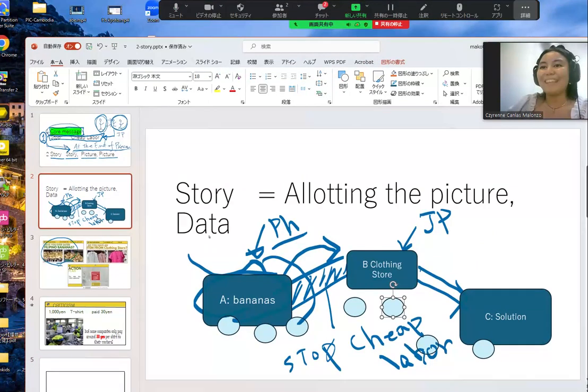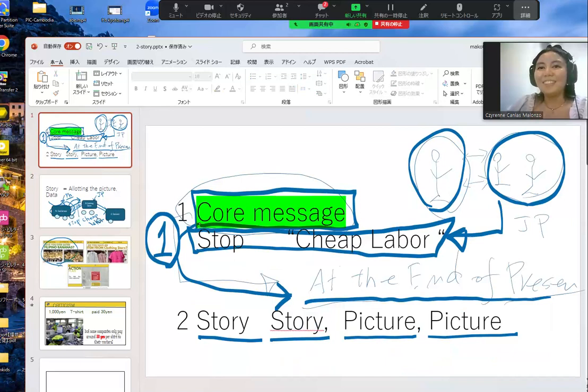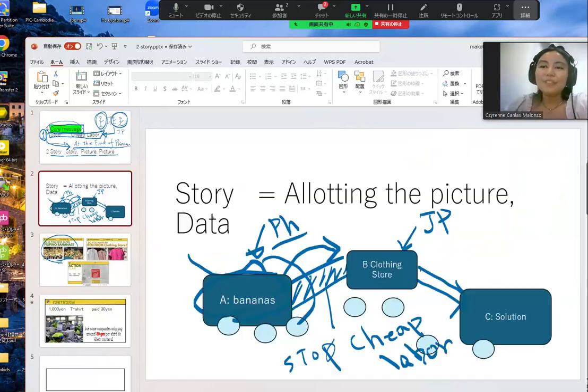So let's review the very important parts. Core message: stop cheap labor, and set the main picture and strengthen the story.